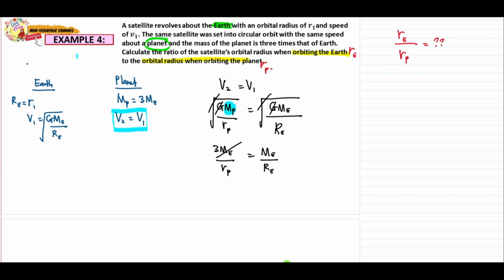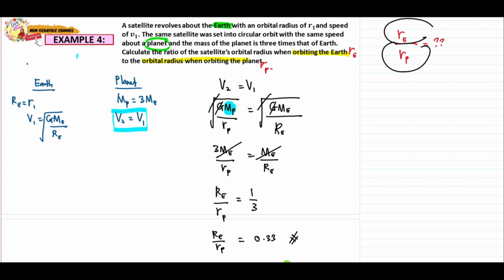We can cancel out the mass of the Earth. The question asks us to find the ratio RE to RP. So rearrange the equation: RE over RP is equal to 1 over 3. Press the calculator and you will get the ratio is equal to 0.33. The ratio has no unit. So this is the answer.